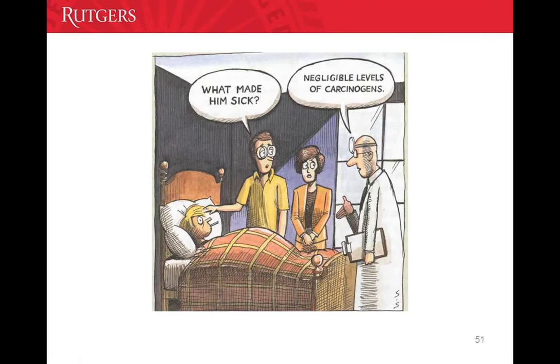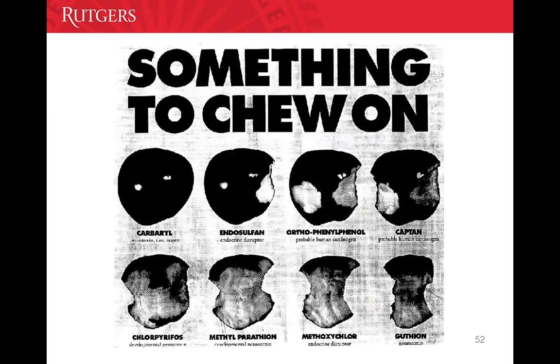In this little cartoon they say, what made him sick? And the doctor said, negligible levels of carcinogens. It's really hard to determine what the absolute number is. Now, people can display it in different ways. This is an article where the NRDC put an ad in the New York Times and all the major national newspapers. I just took a photo from my New York Times of it, trying to describe the risk associated with pesticides that were applied to apples.